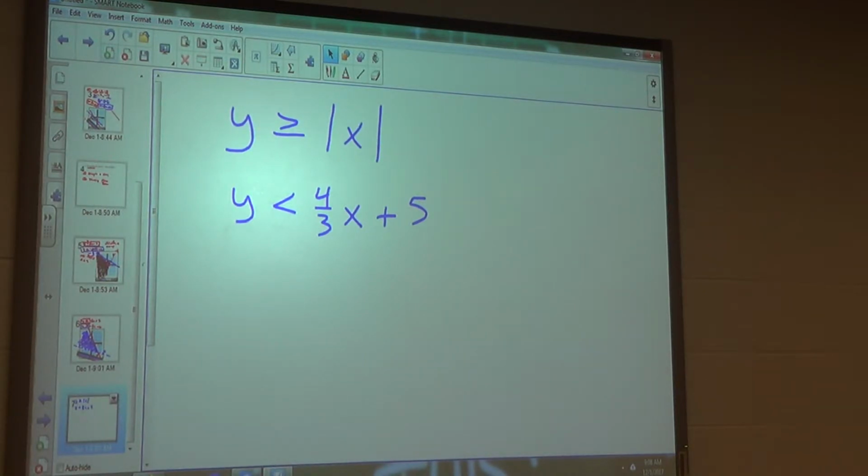So that top one should make the letter V. Do you guys remember solid lines or dotted lines?